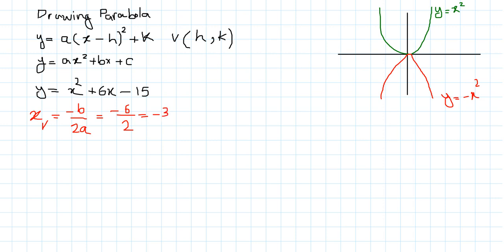So on x equals minus 3, if we plug in minus 3 instead of x, what is the y of the vertex? It is minus 3 squared plus 6 times minus 3 minus 15. 3 squared is 9, minus 18, minus 15.